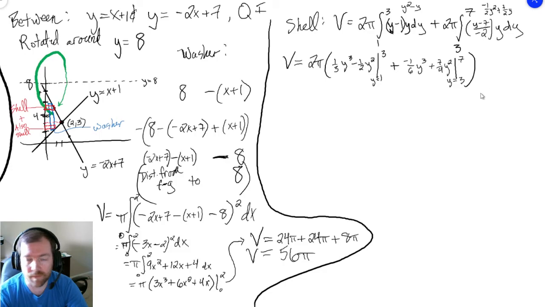Alright, now we just hope that everything works out the same. So, volume equals 2 pi times the quantity.